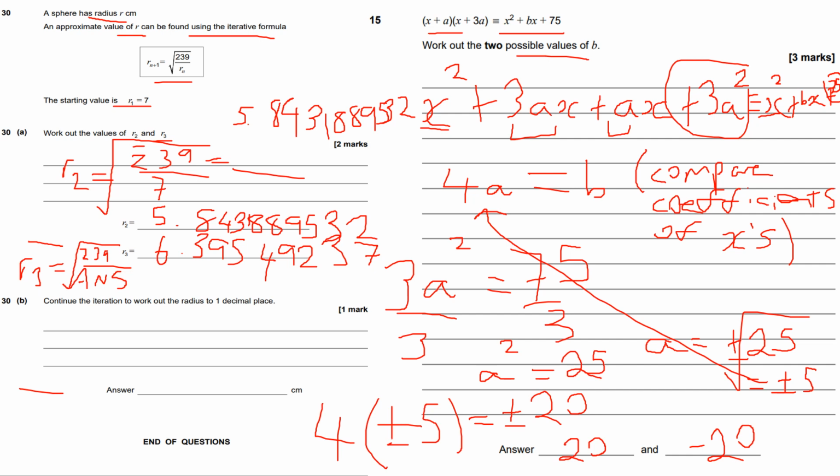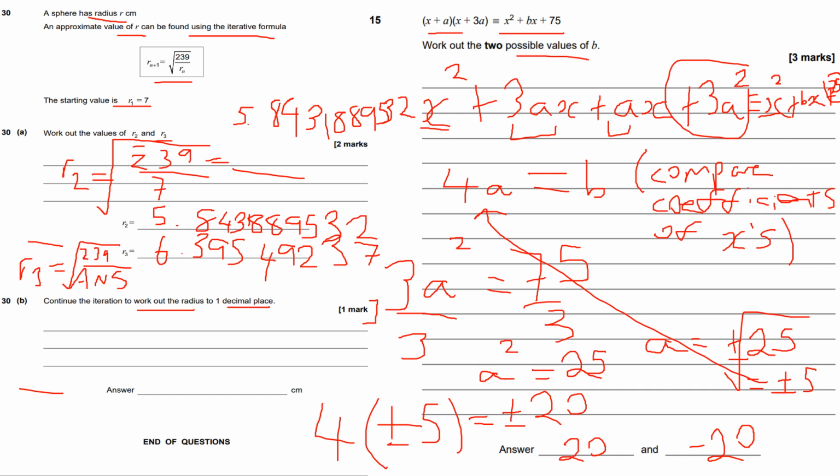Now continue this iteration to work out the radius to one decimal place. It is going to reach a particular value. I'm doing this on my calculator here: 239 divided by 6.39549237, and square root.